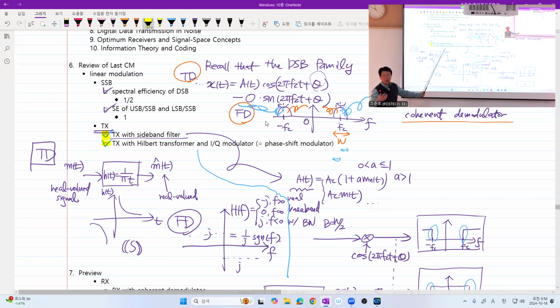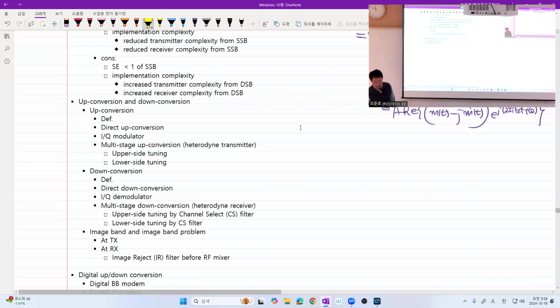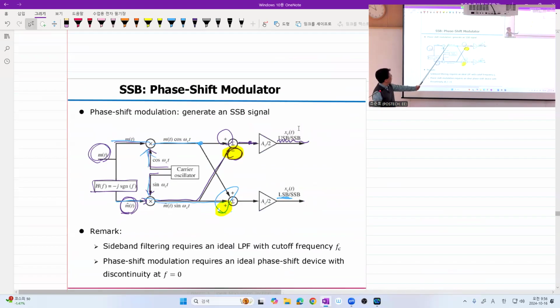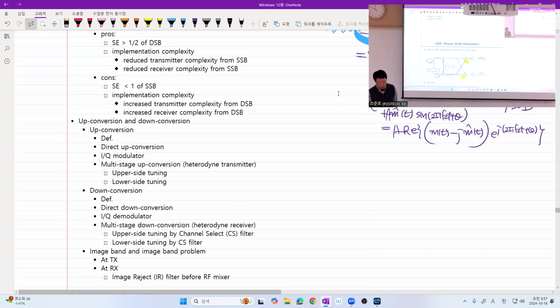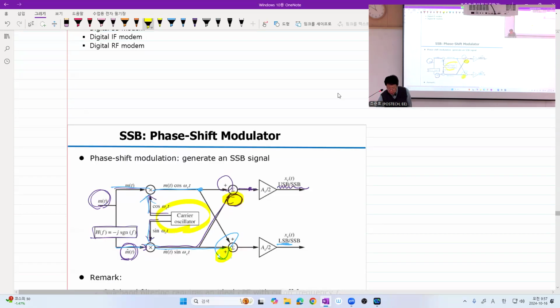By the way, depending on the textbook, this type of modulator that has something cosine multiplied, something sine multiplied, not only the Hilbert transform, some independent real signals, this type of modulator is called the IQ modulator, in-phase quadrature modulator, or phase shift modulator, because we have here the local oscillator.